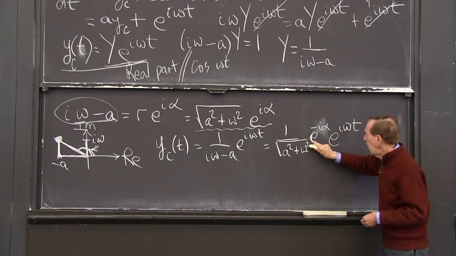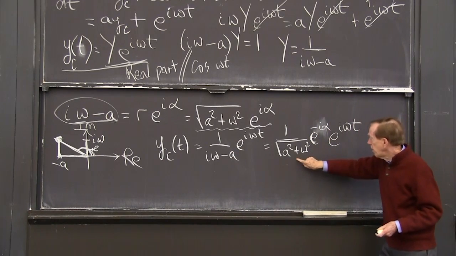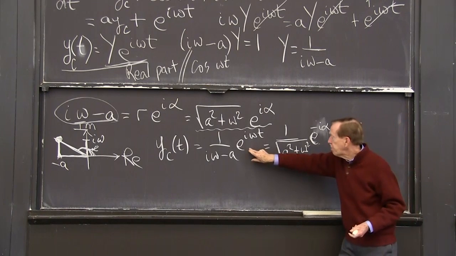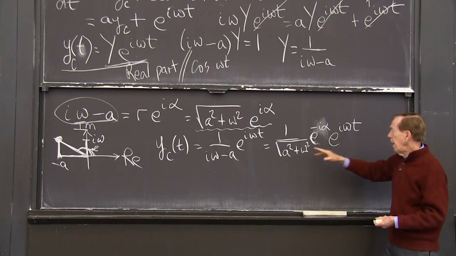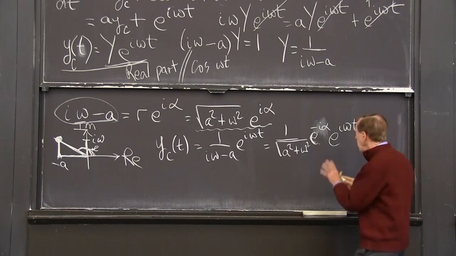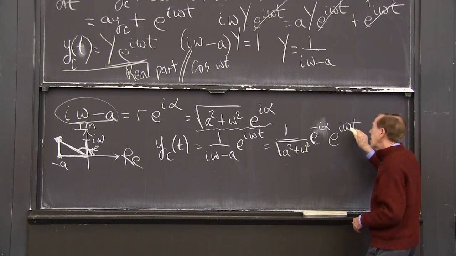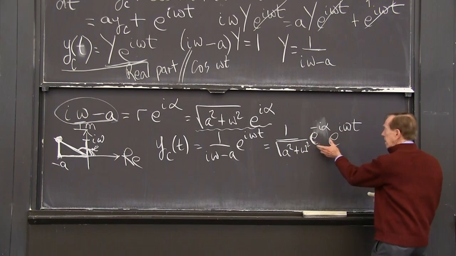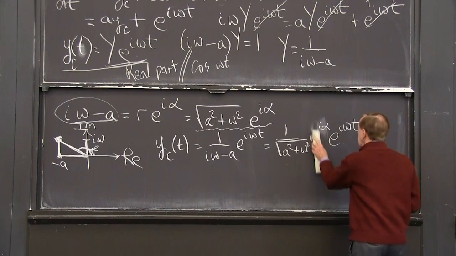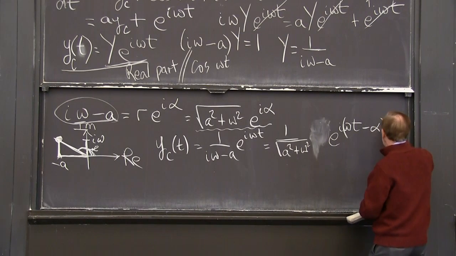Are you good with that? So this number produced both of those terms, the magnitude part and the angle part, and then this part was pure angle, and that's my answer in a nicer form, and here's an even better form. I combine these two. When I multiply two exponentials, I can put that as e to the I omega t minus alpha.